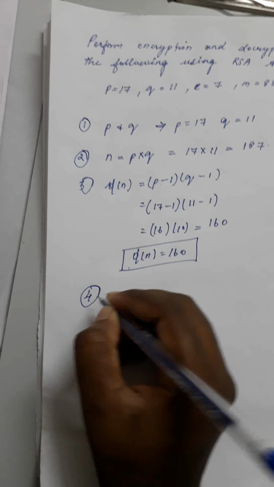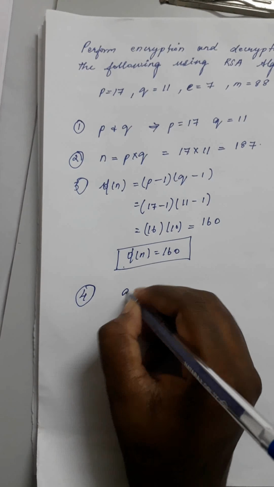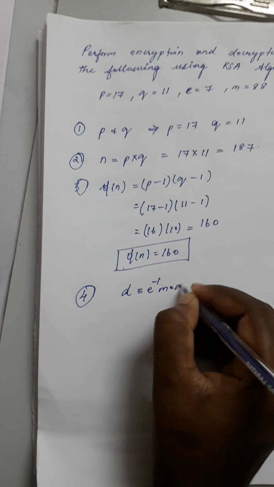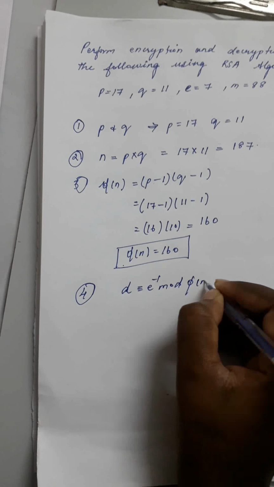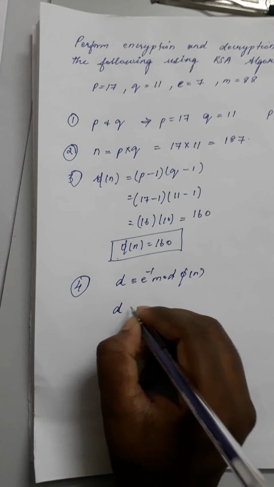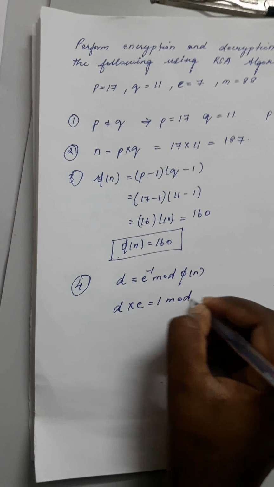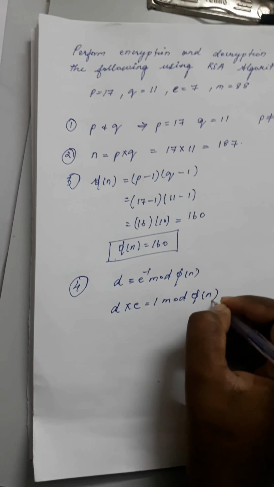The fourth step is to calculate the value of d, where d is equivalent to e power minus 1 mod phi of n. This can also be written as e into d is equal to 1 mod phi of n.